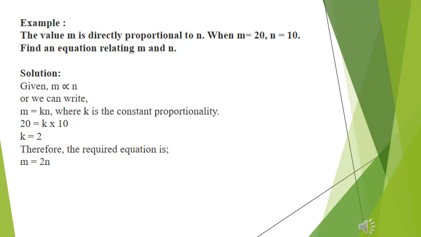By putting the values of m and n, 20 = k × 10. After calculation, we get k = 2. From that we get the relation between m and n: m is twice of n. This is the direct variation.